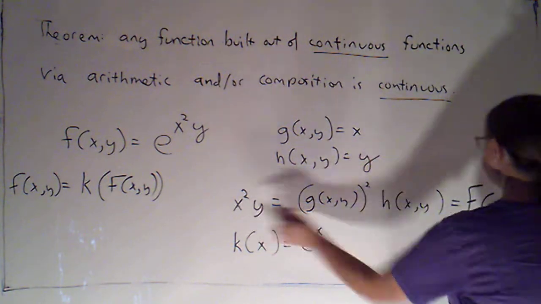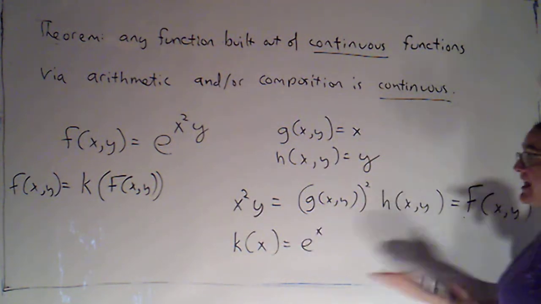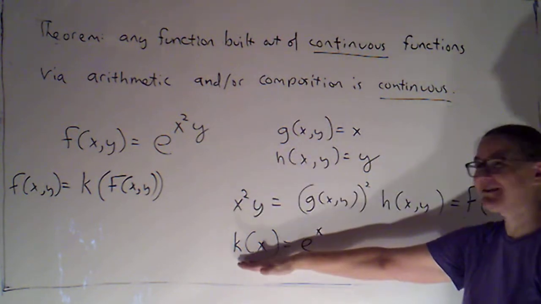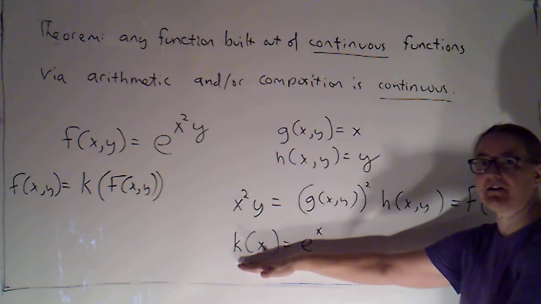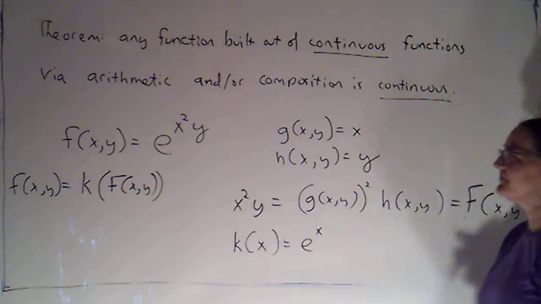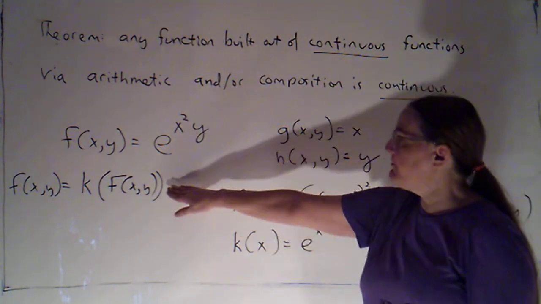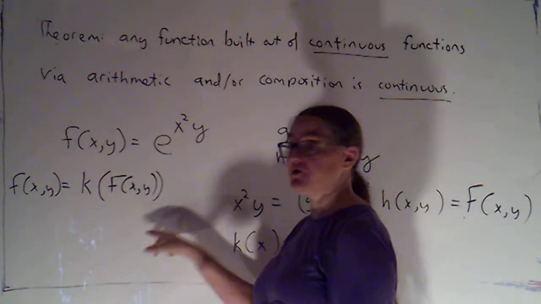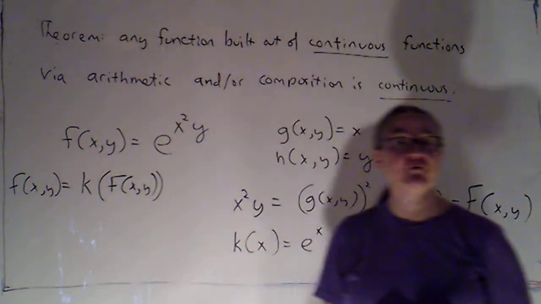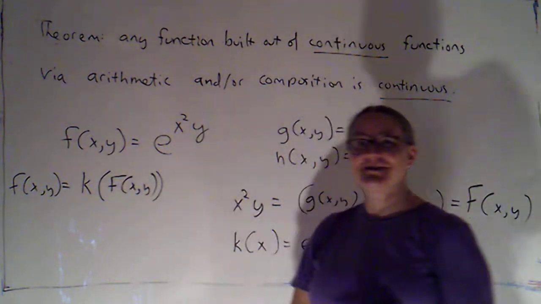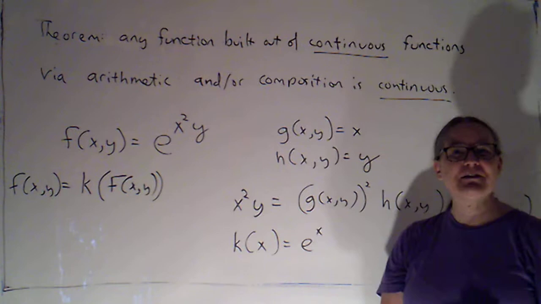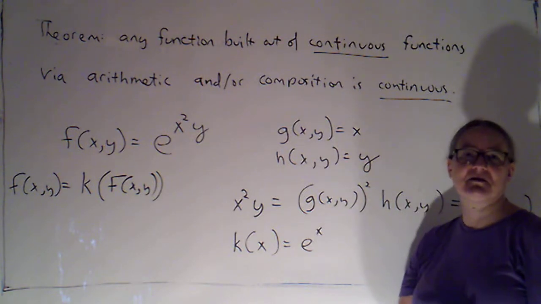So, because capital F just gave me out a single number, I can plug in numbers to functions like k that are just real valued functions of one variable. So there, we've built this as a composition of continuous functions. K was a continuous function of one variable, capital F was a continuous function of 2 variables, and we knew that because we built it out of 2 continuous functions where we used some arithmetic.